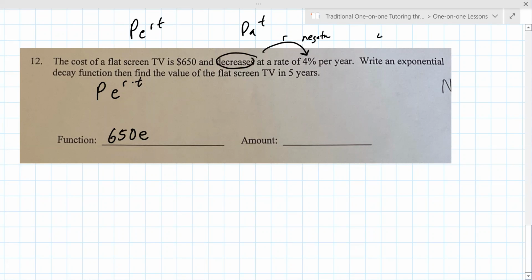So question to you is, what is 4% as a decimal? 0.04. Okay, so it's negative 0.04 because it's decrease. If it said increase, then it would be positive, and then T is your variable. Now, because it's a function, you're really supposed to put f of t in front or some sort of function operator.